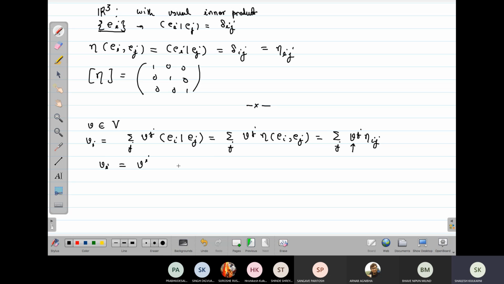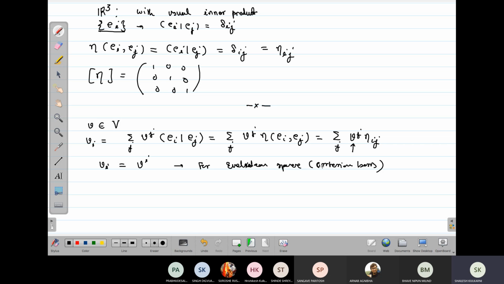They are always equal for Euclidean space with Cartesian and orthonormal basis.